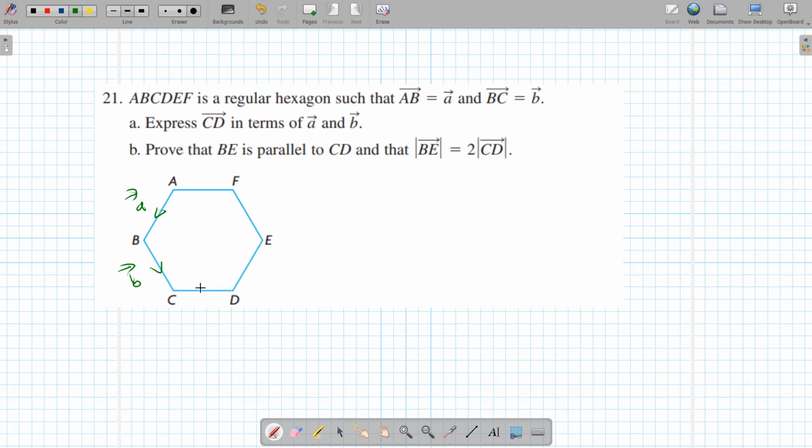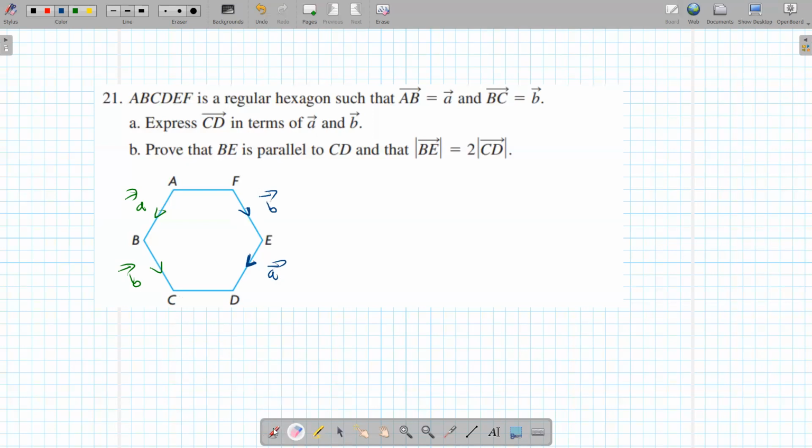Express CD, you see this vector, in terms of A and B. If this is A, what is this vector here? It's A as well, because it's going in the same direction. If that's B down there, what's this vector? It's also B.